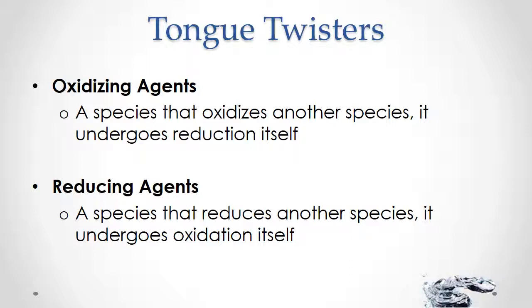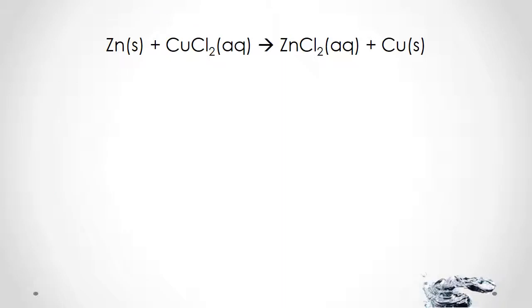Alright, so let's practice this on one more equation. If I take zinc solid and react it with copper 2 chloride, I'll get zinc chloride aqueous and copper solid out of the reaction. Well, the chloride is not changing its oxidation numbers. So let's simplify this.